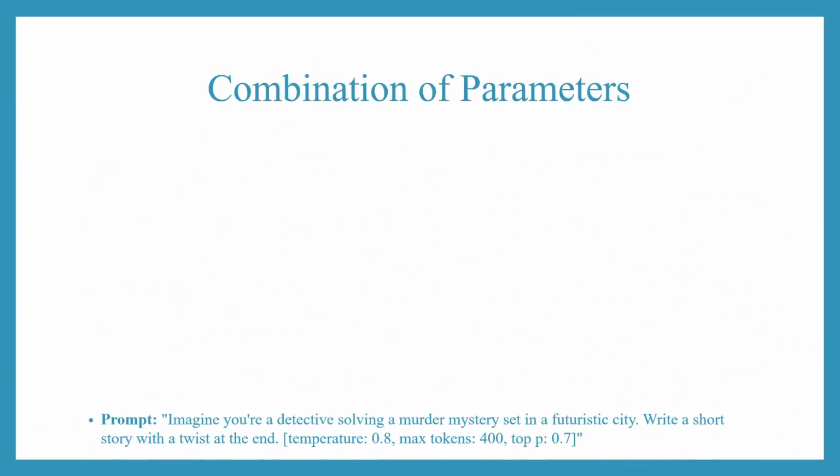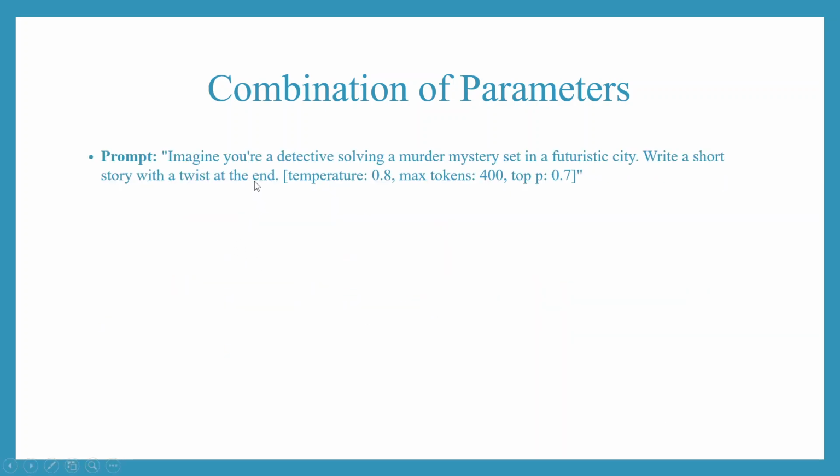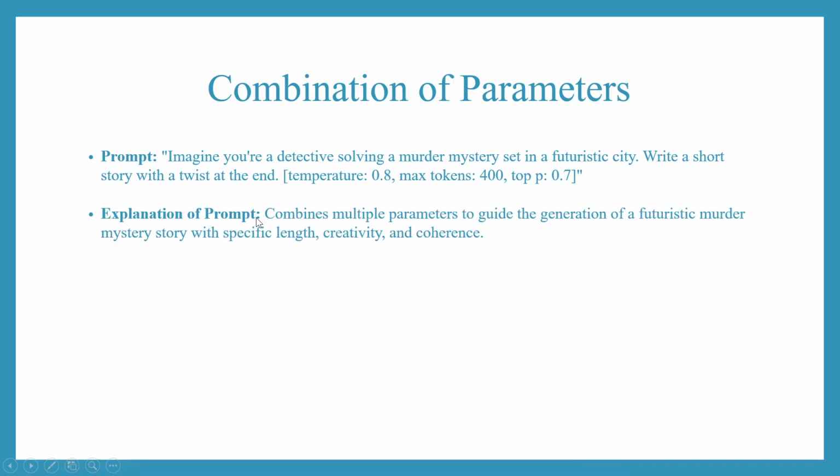Combination of parameters. Imagine you are a detective solving a murder mystery set in a futuristic city. Write a short story with a twist at the end. Temperature 0.8, maximum tokens 400, top P 0.7. Explanation of the prompt: it combines multiple parameters to guide the generation of a futuristic murder mystery story with specific length, creativity, and coherence.